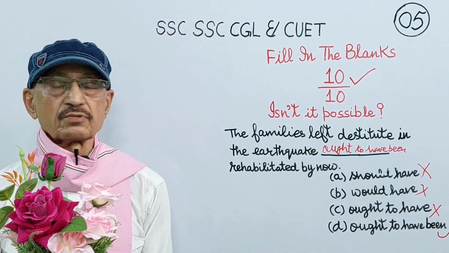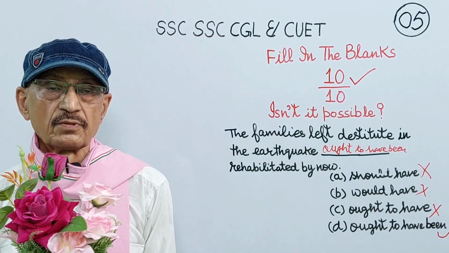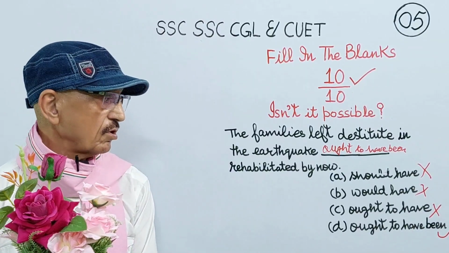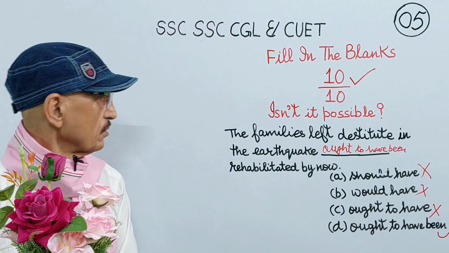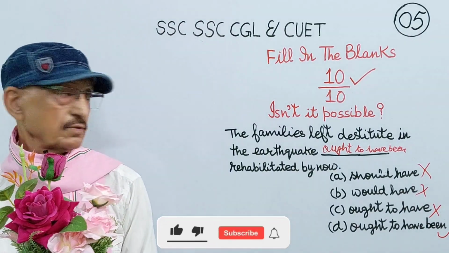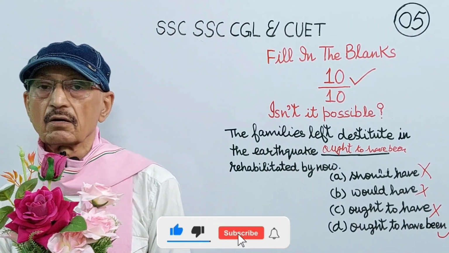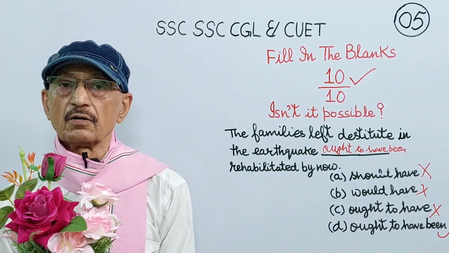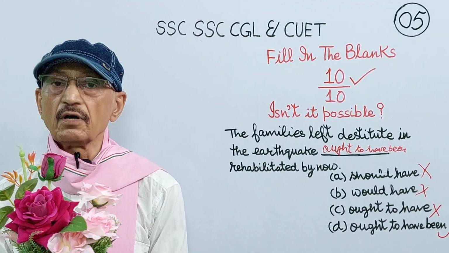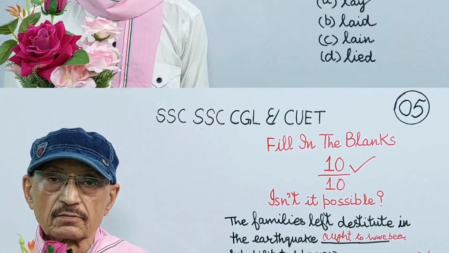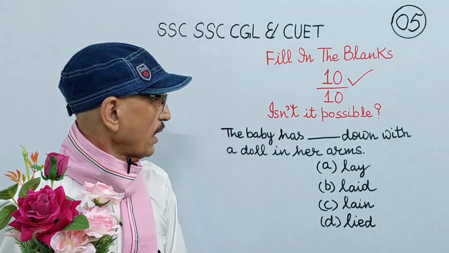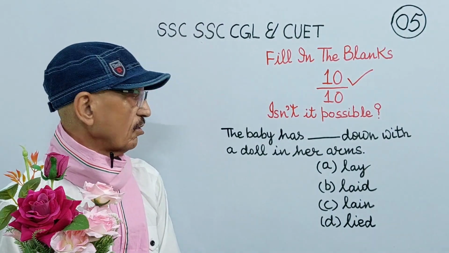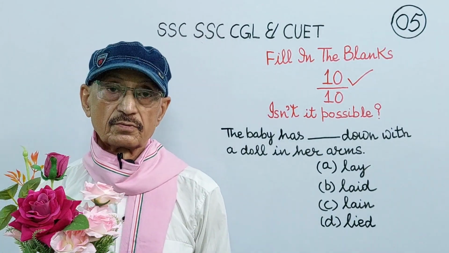The sentence is in the past tense and it is in passive voice, so you will use ought to have been. The families left destitute in the earthquake ought to have been rehabilitated by now. Other alternatives are incorrect. The baby has blank space down with a doll in her arms.